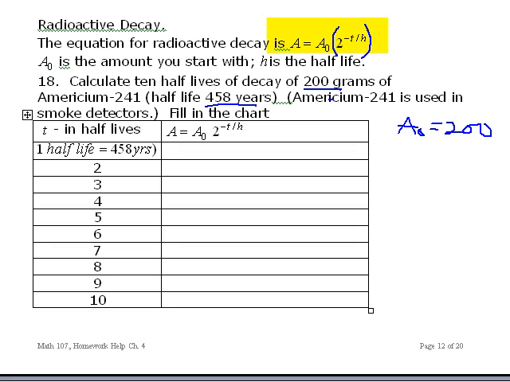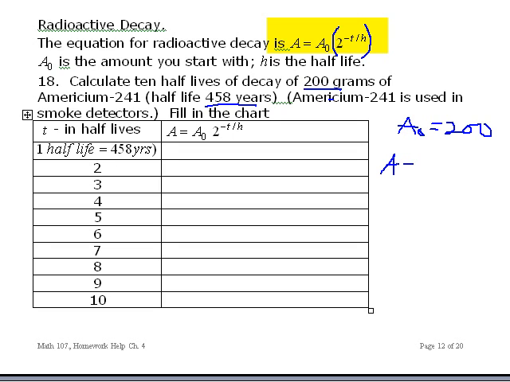So this is your half-life business. If you work with the 458 years, you just get unwieldy numbers. But you can work in terms of half-lives. One half-life is 458 years. So if I count by 458 years, then I will see the pattern without even having a calculator.